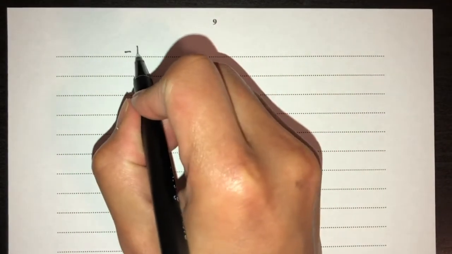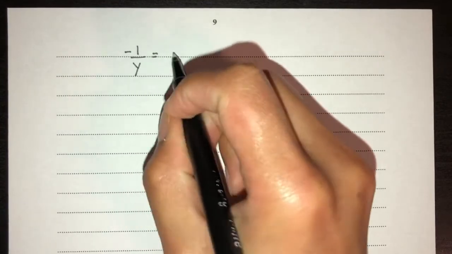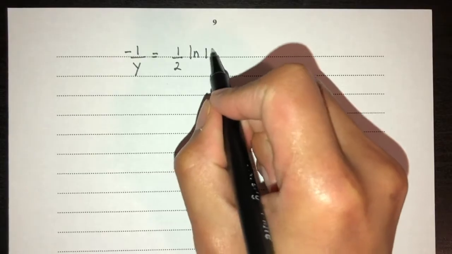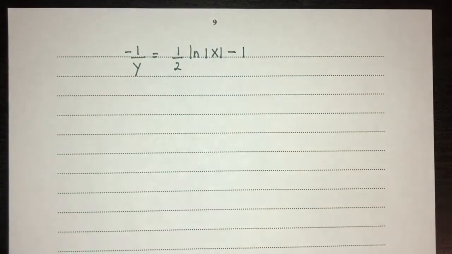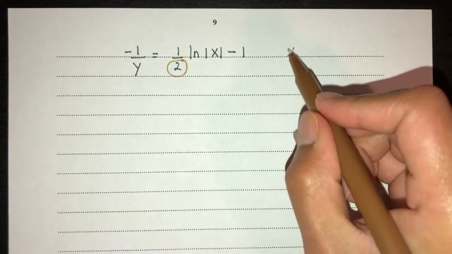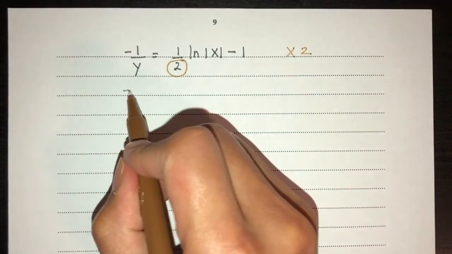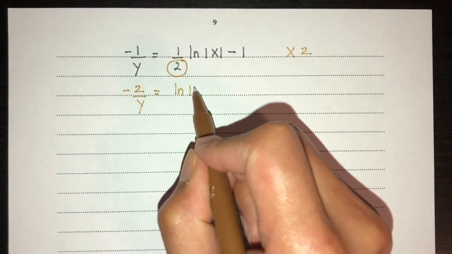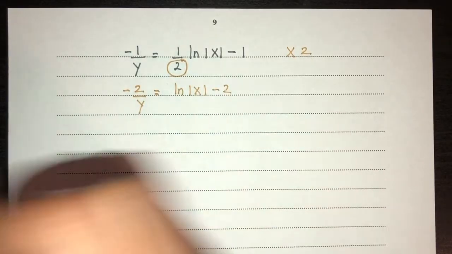So we have to see what can be done. To eliminate this denominator, we have to multiply by 2 everywhere. You'll have minus 2 over y is equal to ln x minus 2.